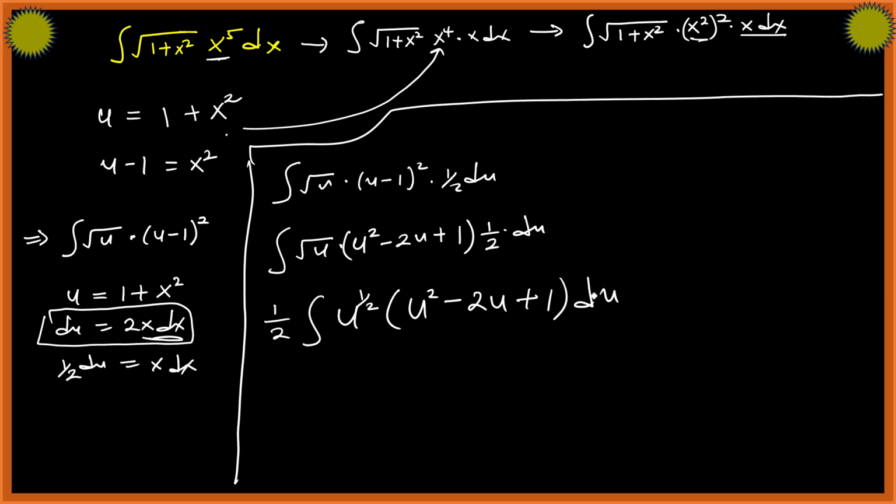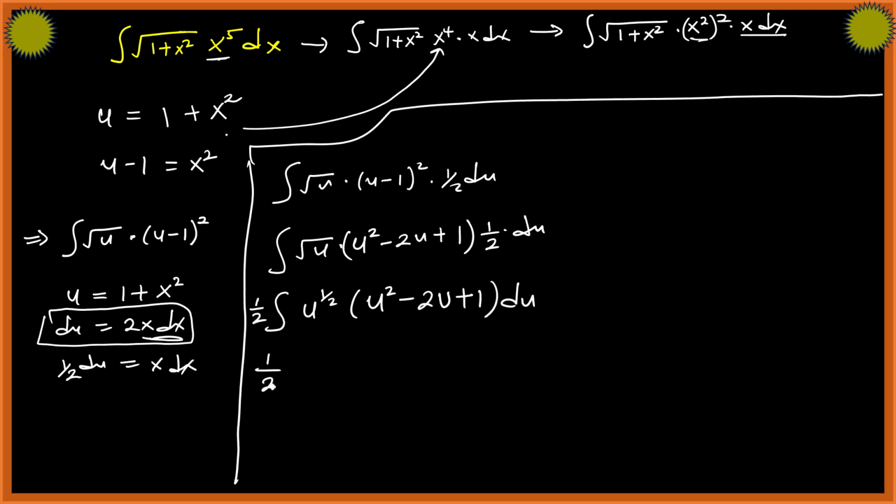So let's expand the bracket here. We are going to apply indices here. So half integral, so u raised to half times u raised to 2, so I'll just write 1 of the u and then add the powers.